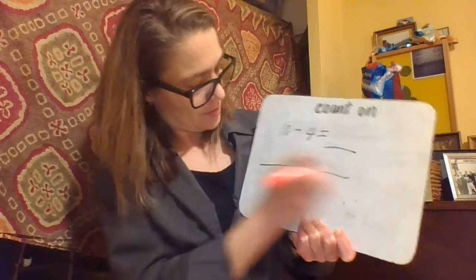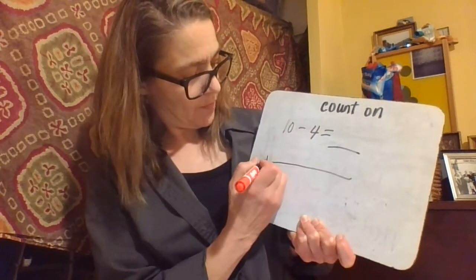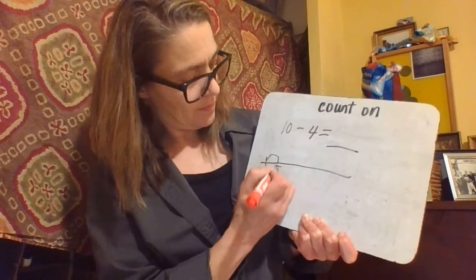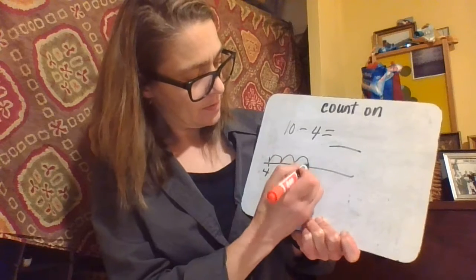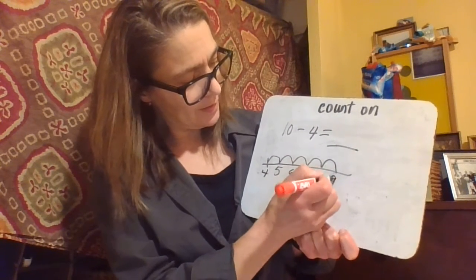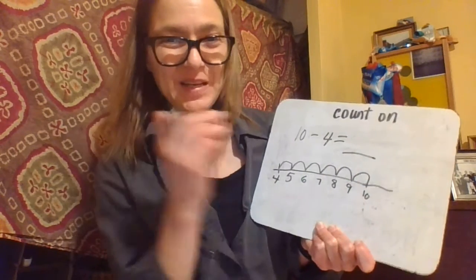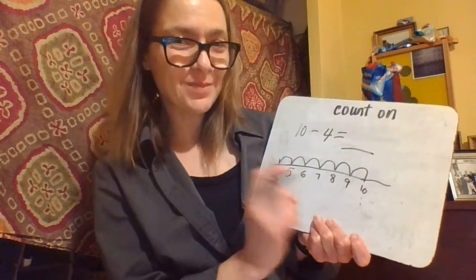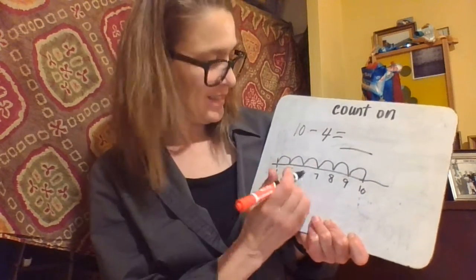One more time, when you count on to find an answer, you start at 4 and you count up until you get to 10. 4, 5, 6, 7, 8, 9, 10. Now if you were in the classroom, I know somebody would have caught that mistake and set me straight right away. Sometimes I say the wrong things, and usually children catch it.